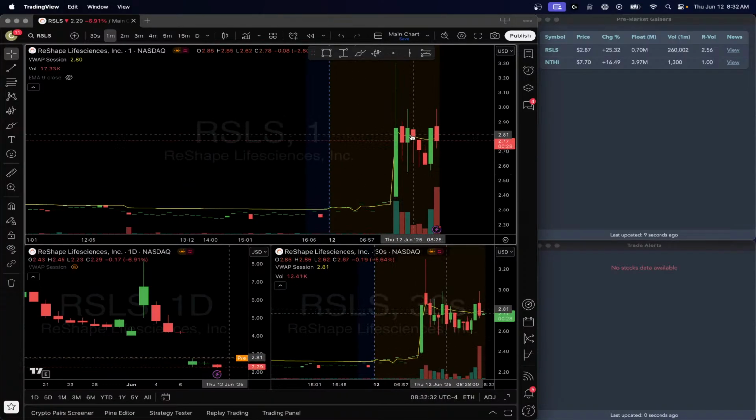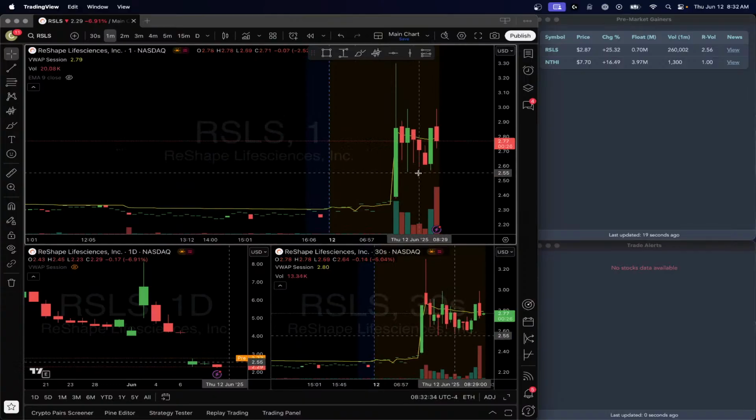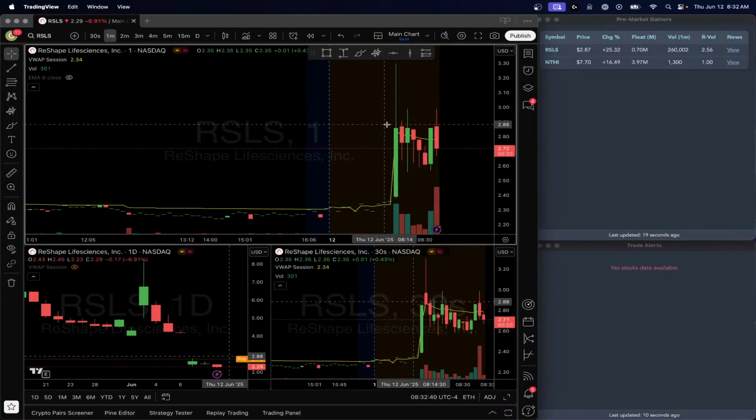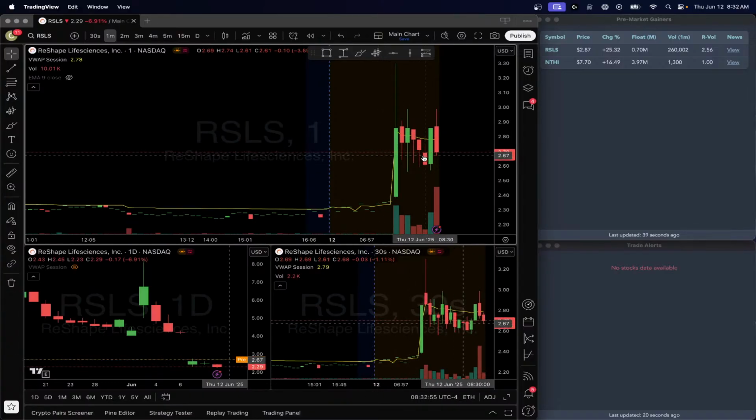We had a pullback here and we had an inside bar. You could have gotten in there at 76 and got out at like 86 and got yourself 10 cents. And RSLS is trading at about a 5-6 cent spread. So it's just not worth it. Plus, it's just below the VWAP. But as you can see here, the volume was drying up.